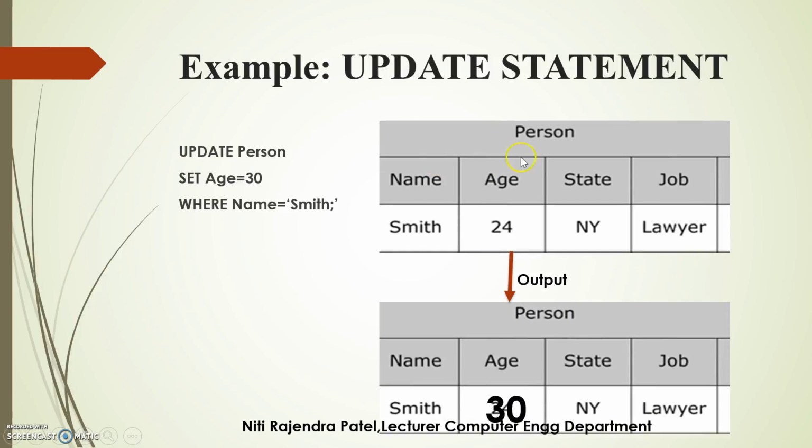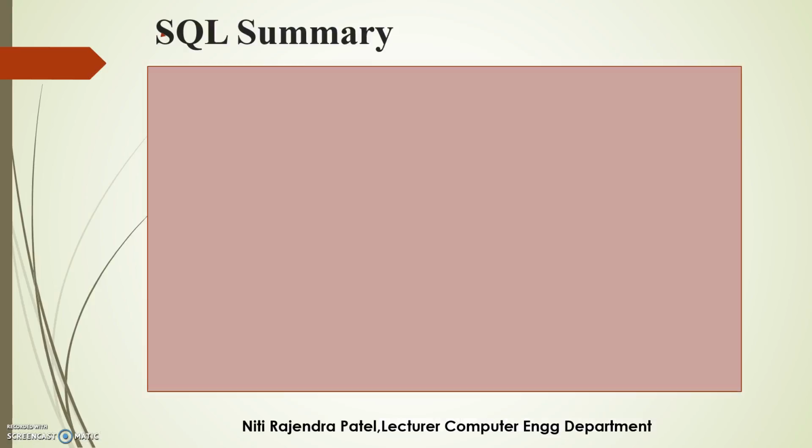That is, this is the previous table and this is the table after the update. The person table previously had name Smith with age as 24, which is now updated as name Smith, age equal to 30, by writing the set command and giving the condition through the where clause.